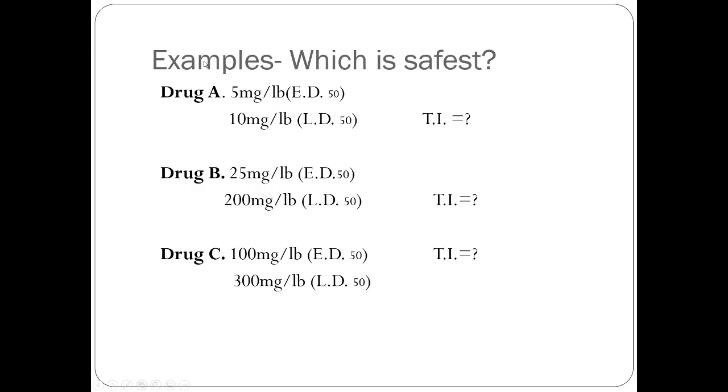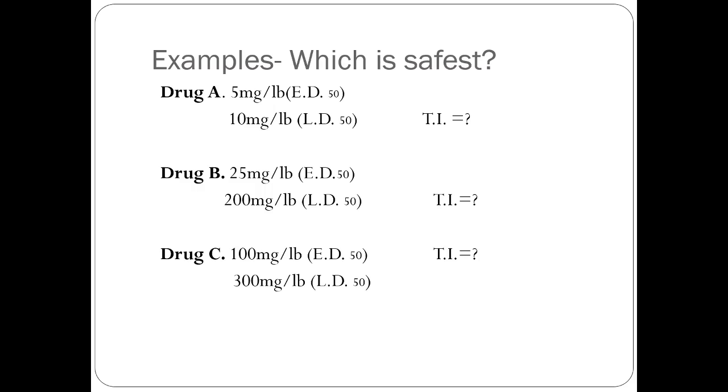Okay, and here's some more examples. So lethal dose 10, effective dose 5, our therapeutic index is 2, whereas our lethal dose of 200 and our effective dose of 25, then our therapeutic index will be 8, versus our drug C, which is lethal dose of 300, effective dose of 100.